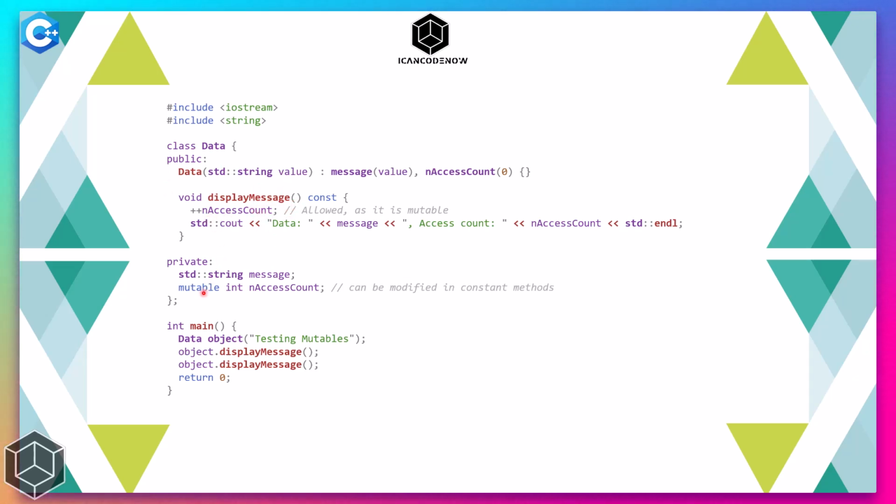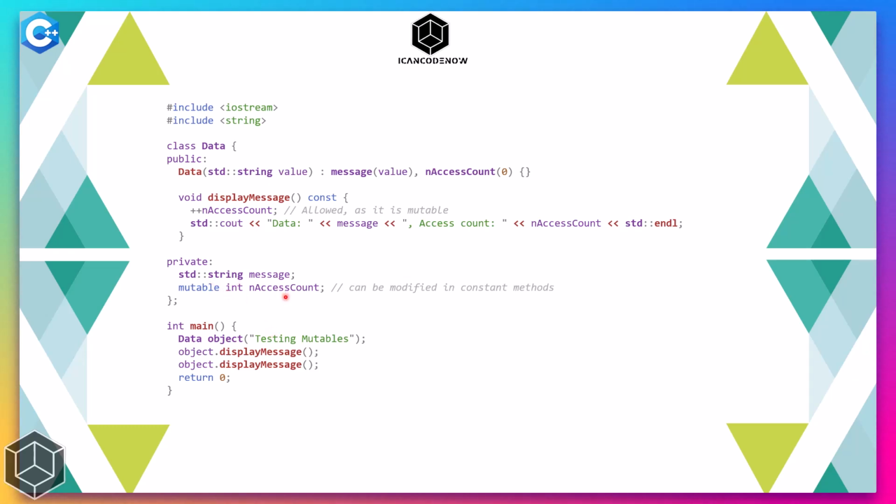We can do so by making that member that we want to update mutable, and we can then simply call that constant method, and it can still update its mutable members, even though this method is constant. Constant member methods are not allowed to change the values of class members, but we can do so now by applying this mutable, and we can update the variable if that member variable is mutable.